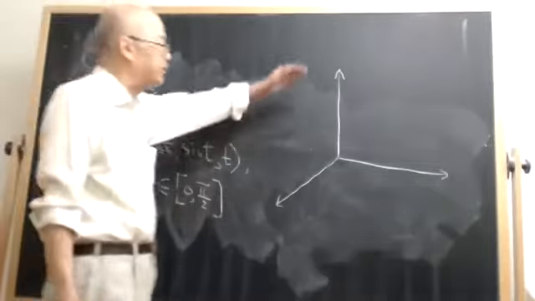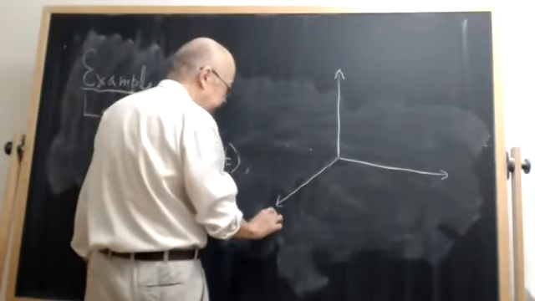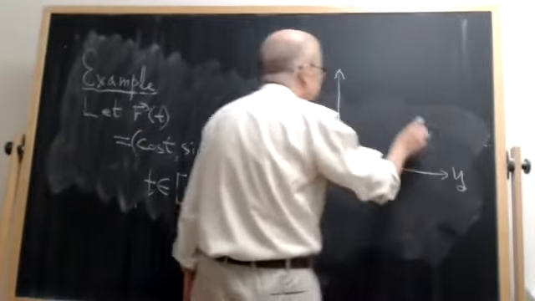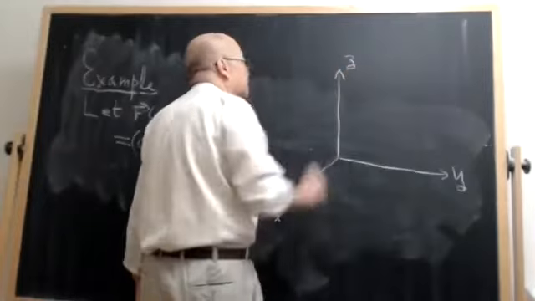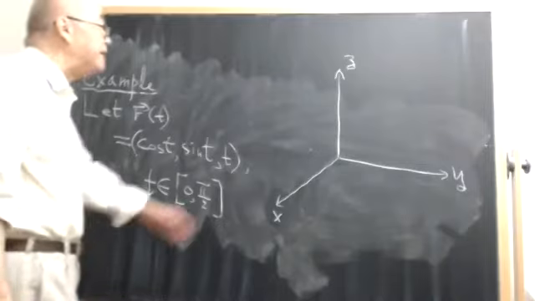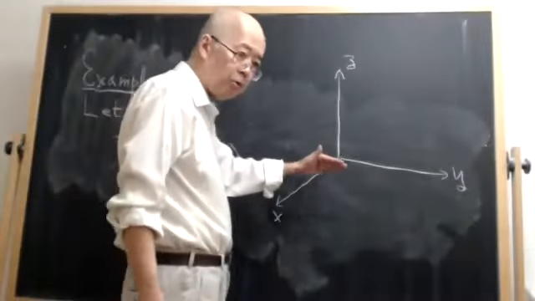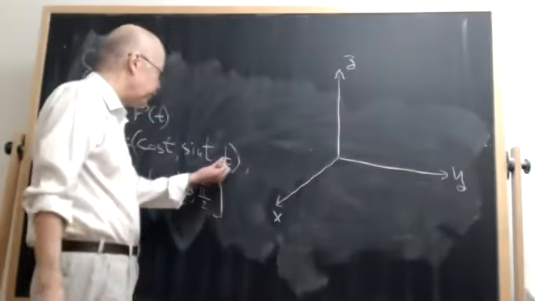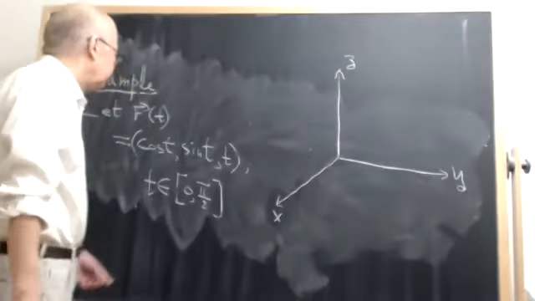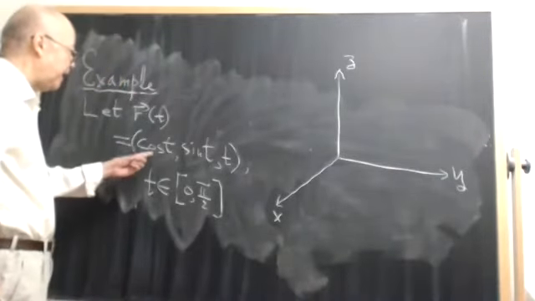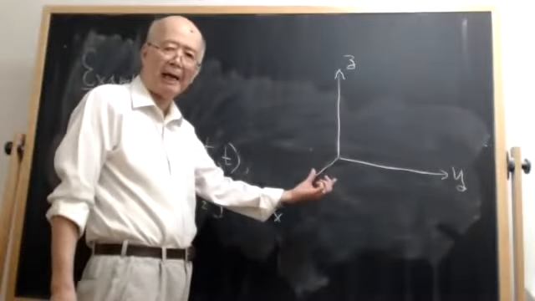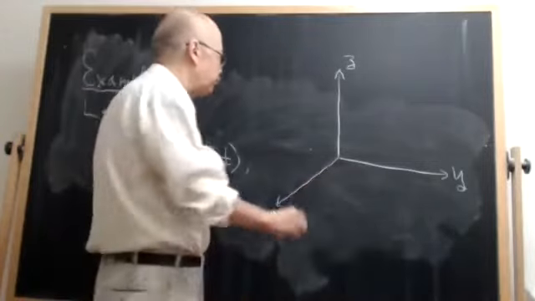Now, let's try to look at the XY plane. Which means what? Which means that Z is equal to 0. In other words, t is equal to 0. Okay? And then I have cosine t and sine t on the XY plane, which is actually a circle.